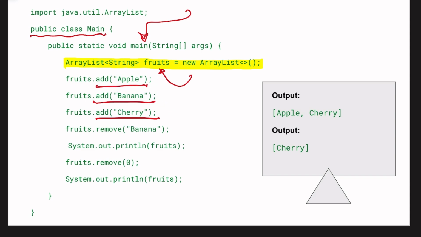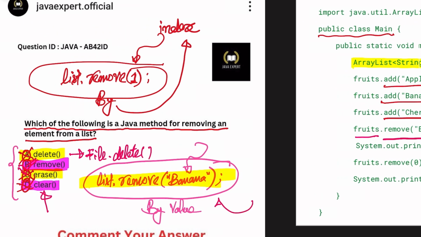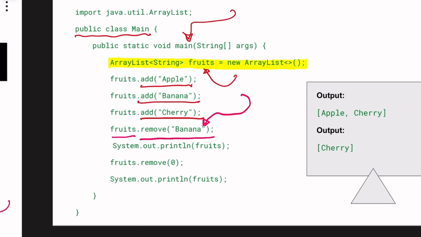But we want to use the remove method. So this is the object of the list and dot remove method. Here we are using remove method by value, because I have given you here an example by value of how you can remove the elements.